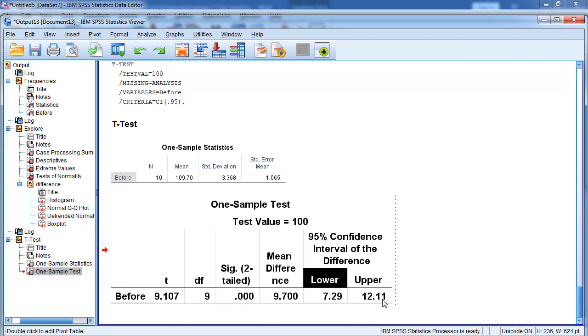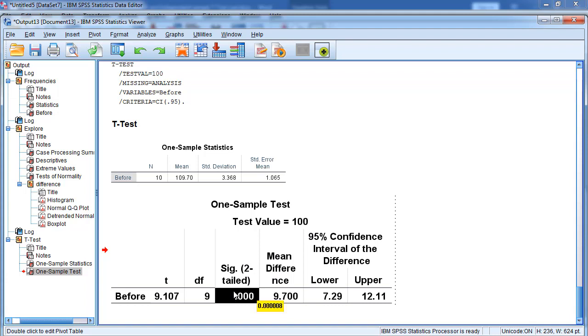So to conclude, the sample mean was 109.70 compared with the population mean 100, meaning there is a statistical difference between the sample mean and the population mean because the p-value is less than 5%.